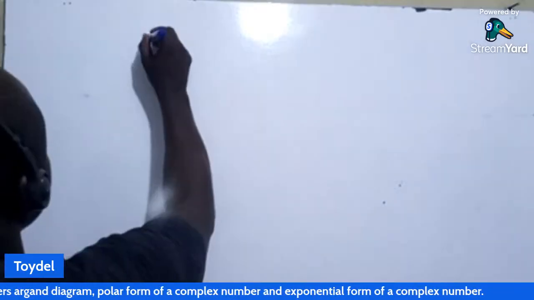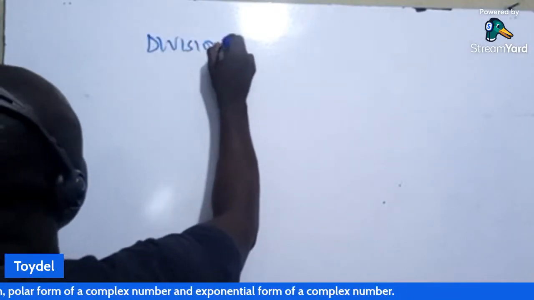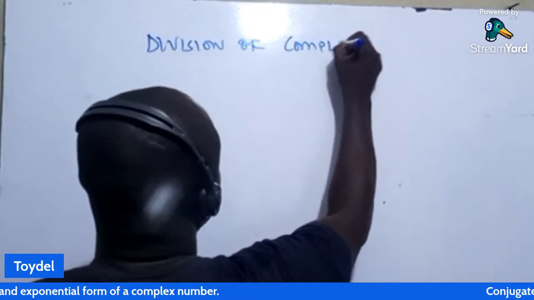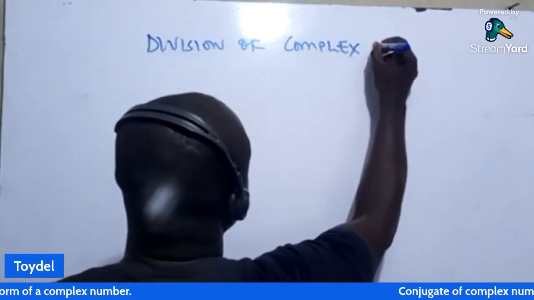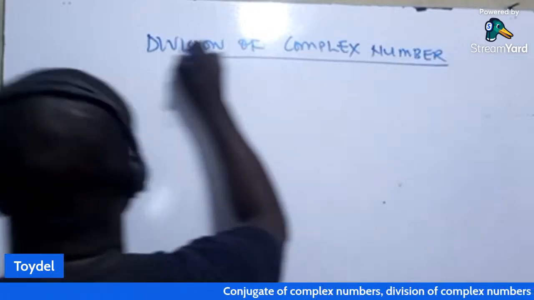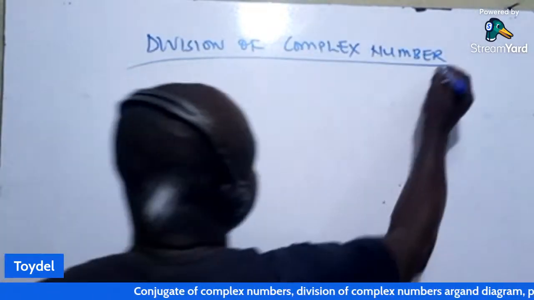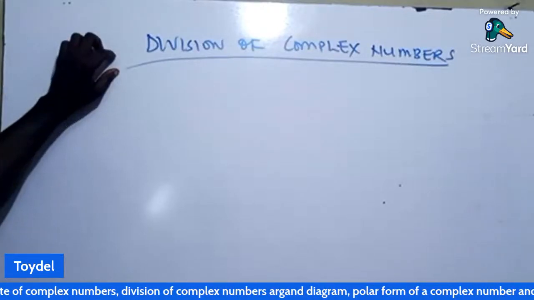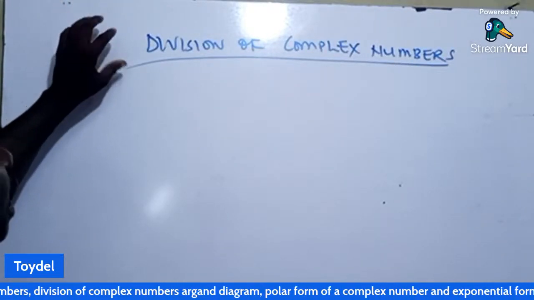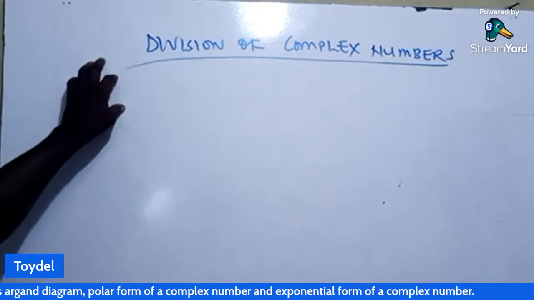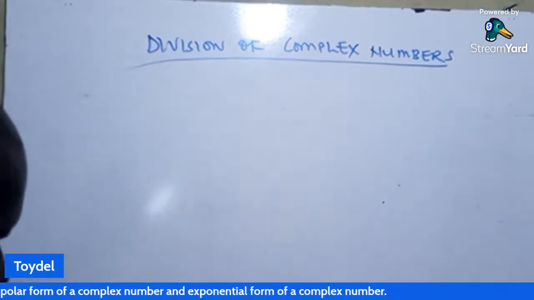So I would introduce division of complex number. We have talked about addition, subtraction, and multiplication. So now let's talk briefly on division of complex numbers. If you are given a complex number, how do you divide two or more complex numbers?